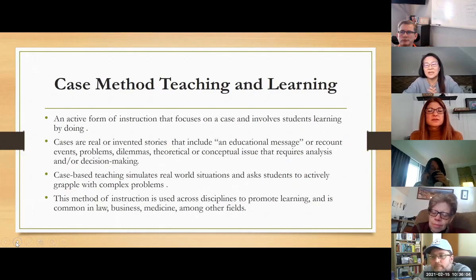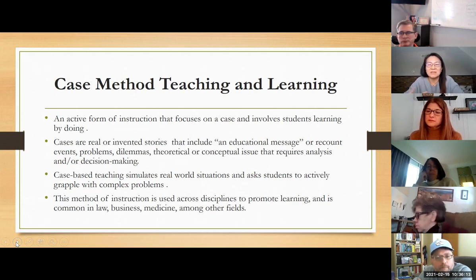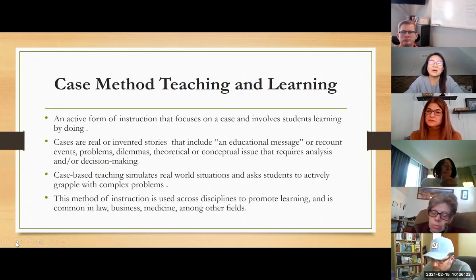Again, I'm sure everybody has been using cases in different ways, and we all have our own understanding about what the case teaching method is. To me, I like it because they are real stories, and some are invented stories, and they all are used to communicate with students some kind of educational messages.